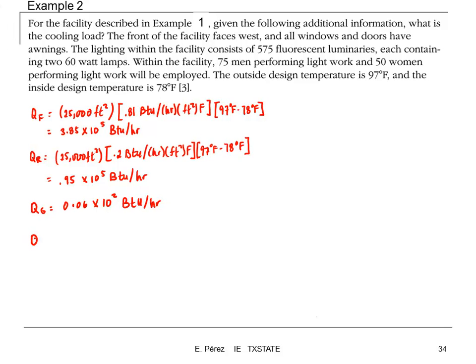QD equals 0.02 times 10 to the 5th BTU per hour. And QW equals 0.88 times 10 to the 5th BTU per hour. So you follow the same process that we followed for the first example. The only difference is going to be the temperature difference.